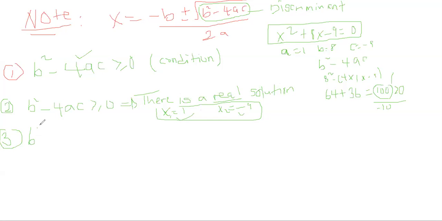But in a case where this B squared minus 4AC is equal to 0, we will have a solution, but it will only have 1 root. So instead of x1 and x2, we will only have 1 root or 1 solution. Let's put this in a better way.